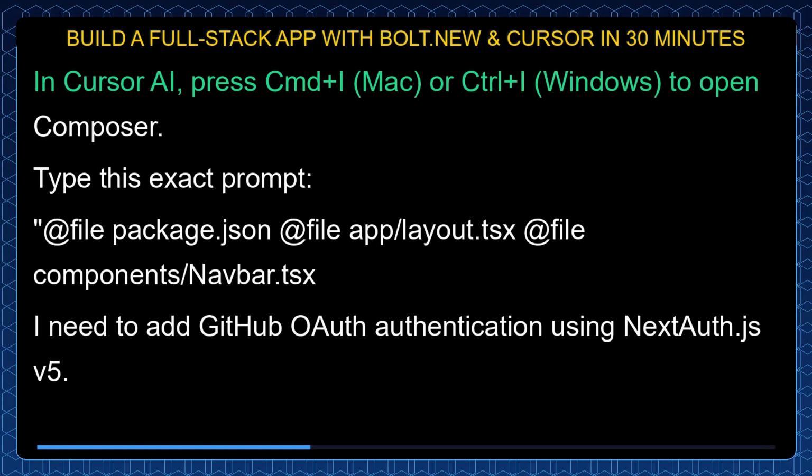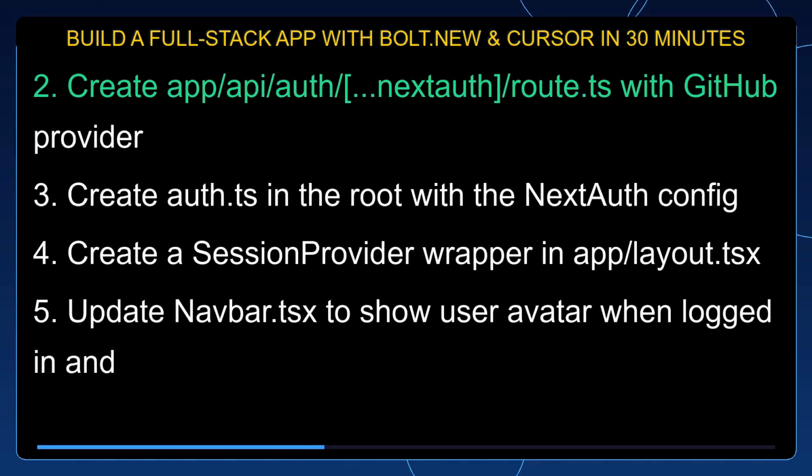Install next-auth beta and @auth Prisma adapter. 2. Create app/api/auth/[...nextauth]/route.ts with GitHub provider. 3. Create auth.ts in the root with the nextauth config. 4. Create a session provider wrapper in app/layout.tsx. 5. Update navbar.tsx to show user avatar when logged in and sign in button when logged out.